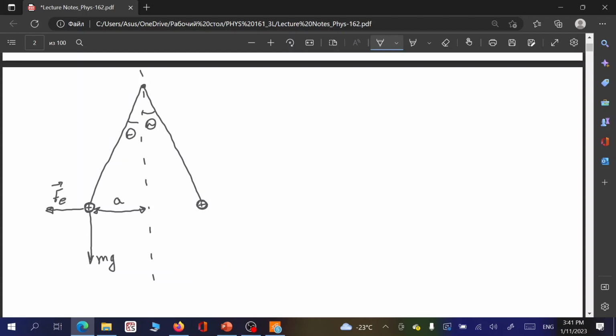And also we have tension in the rope or string, which keeps this electric charge in place. So here is the tension. Now we can consider some resultant.